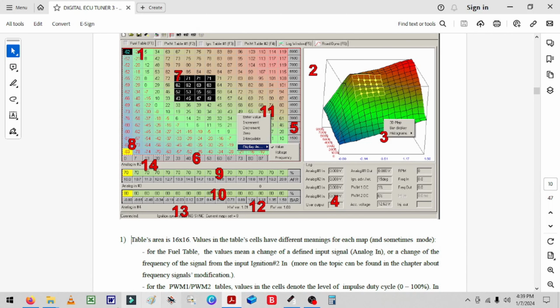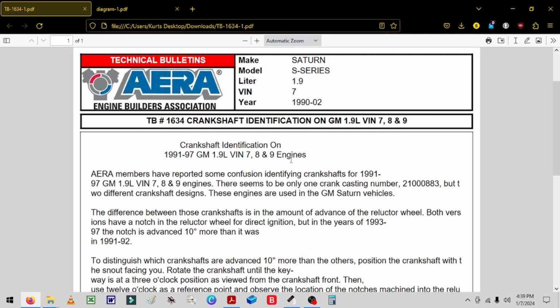Let me get over there. So this is for your Saturn S Series 1.9 liter, '90 to '02. This is a technical bulletin, okay? Crankshaft identification on GM 1.9 liter VIN 7, 8, and 9.